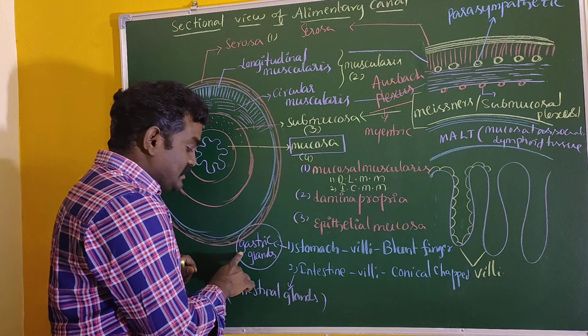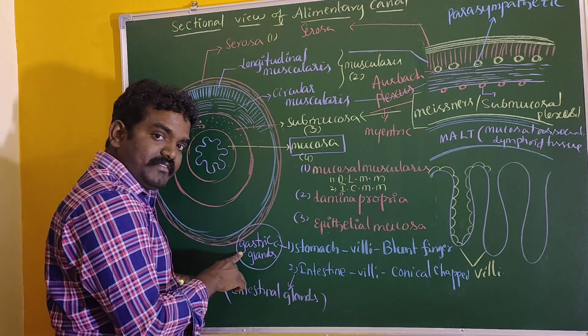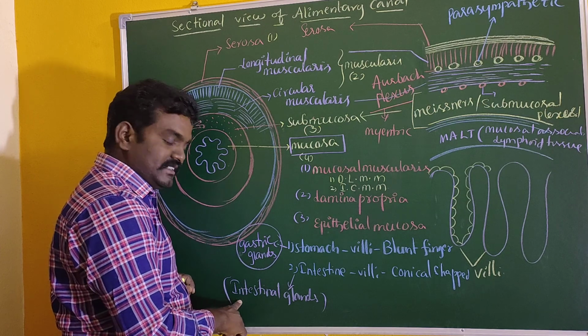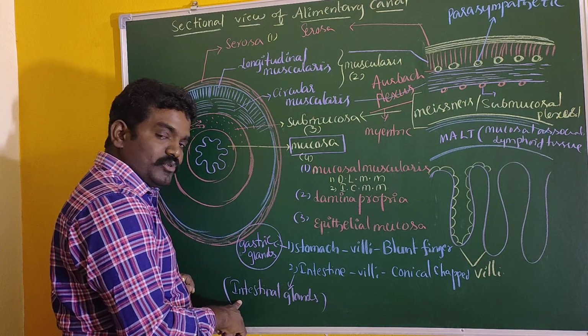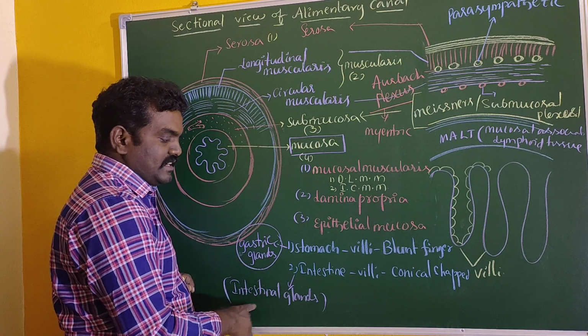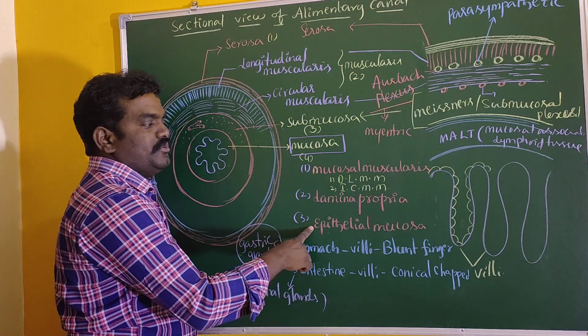The gastric glands are cardiac glands, fundic glands, pyloric glands. The intestinal glands are Brunner's glands and the crypts of Lieberkühn. These two types of glands are developed by epithelial mucosa.